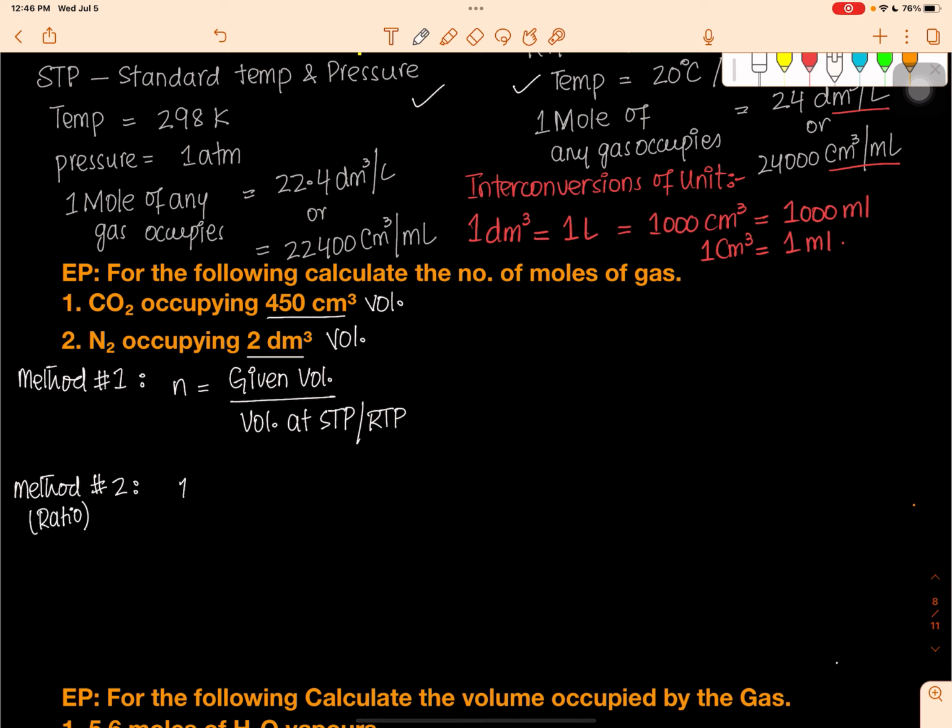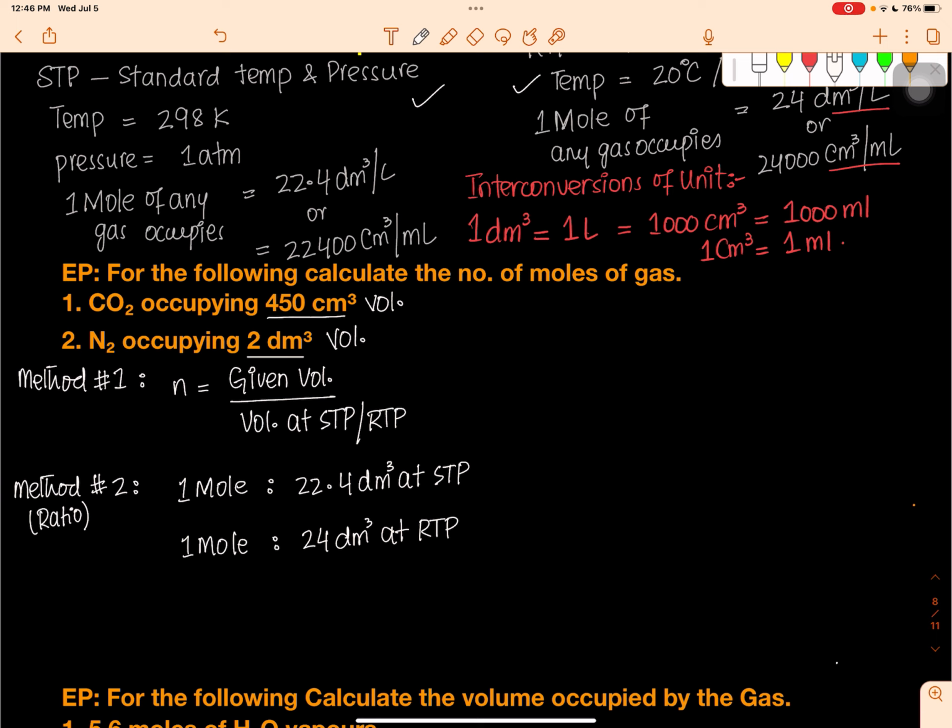It tells us that 1 mole is equivalent to 22.4 dm cube at STP, or 1 mole equals 24 dm cube at RTP. So we can use any method, and you will end up with the same answer.